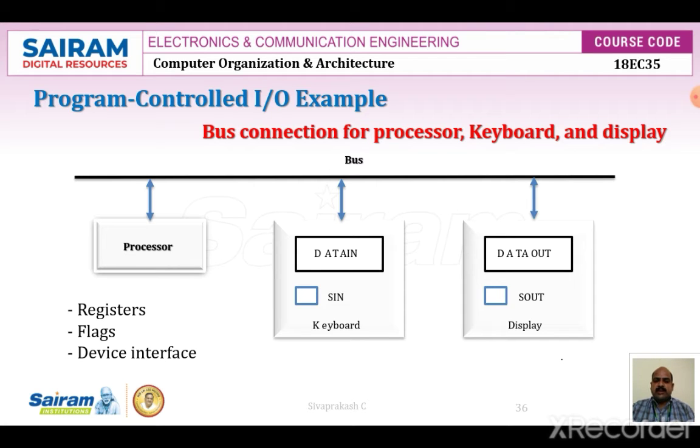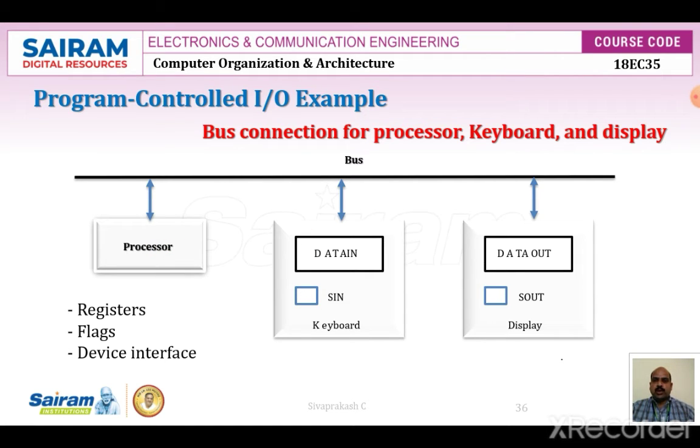When SIN is 1, a character has been typed on the keyboard, which informs the processor that a valid character is in data in. When SIN is 0, the character has been transferred to the processor: the data is transferred from data in to the processor, which makes the SIN flag 0.